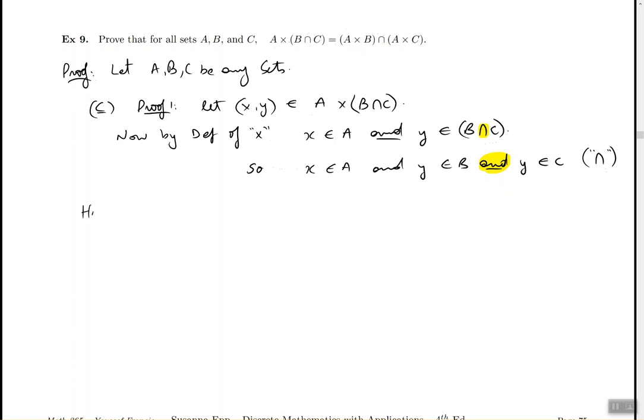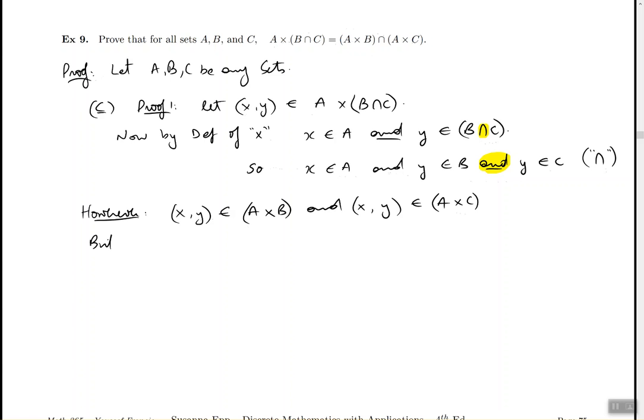However, this means at this point we can say that x is inside of A and y is inside of B. So x comma y is inside of A crossed with B as an ordered pair. And saying that x is in A and y is in C allows me to say that x comma y is also an element of A cross C.